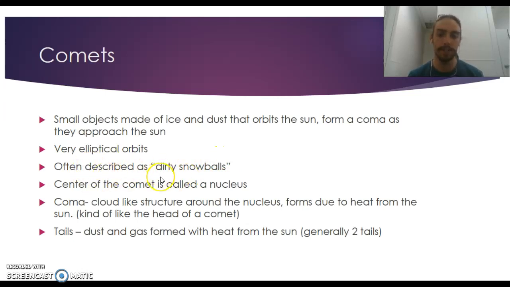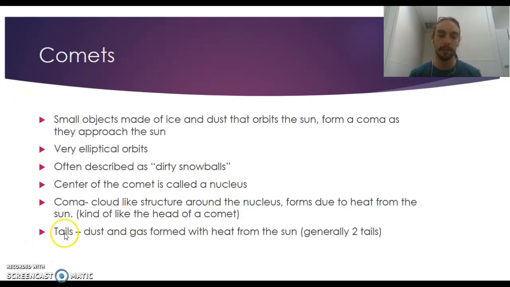So they're often described as dirty snowballs because of that ice and dust. The center of a comet is called a nucleus, and a coma is a cloud-like structure around the nucleus. So it's kind of like the tip of a ballpoint pen, kind of. It forms due to the heat from the sun, and so it's kind of like the head of the comet. Really, all it is is all that ice and dust being vaporized and then falling backwards behind the comet and around that nucleus.